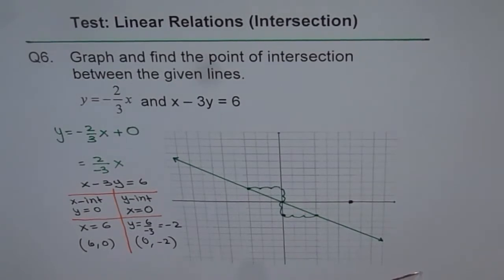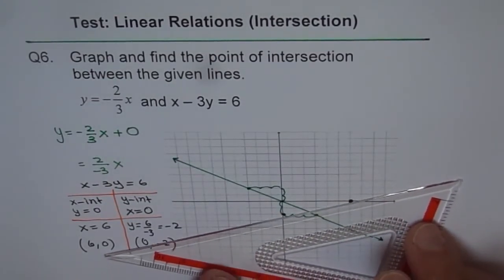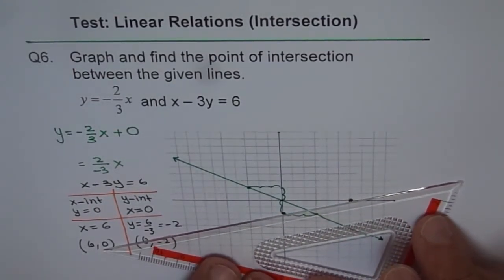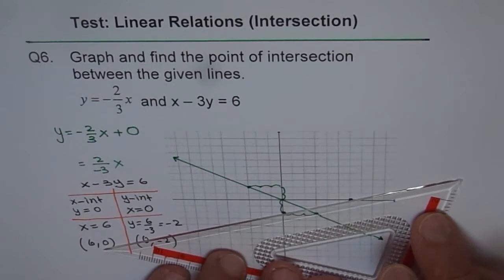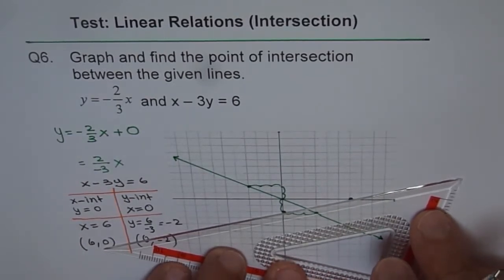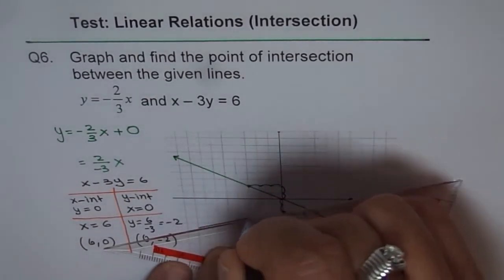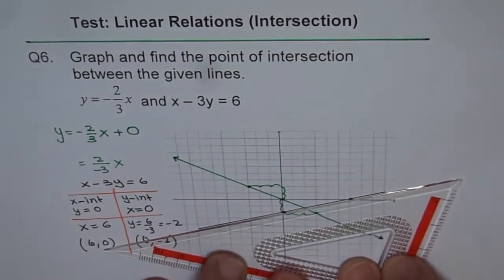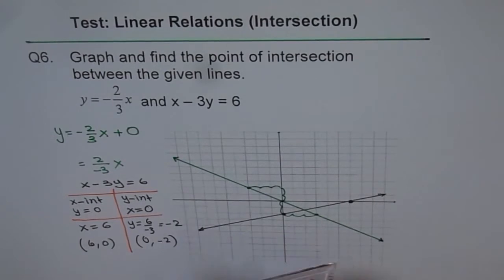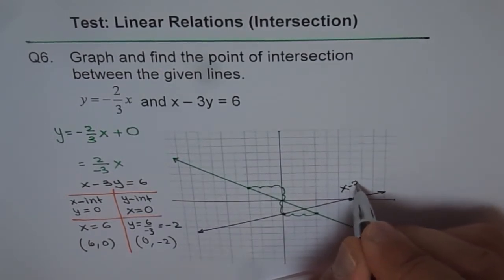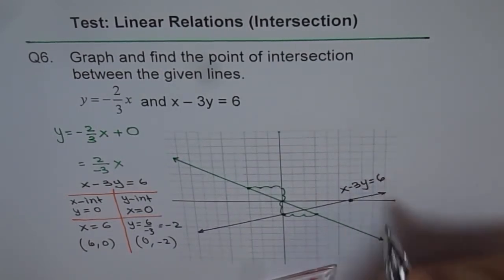So we'll join these 2 points. There you go. Just join them and see what result you get. This looks like not a great point, but whatever it is, we'll read from the graph and write it down, right? So that is the second line, which is x minus 3y equals to 6.